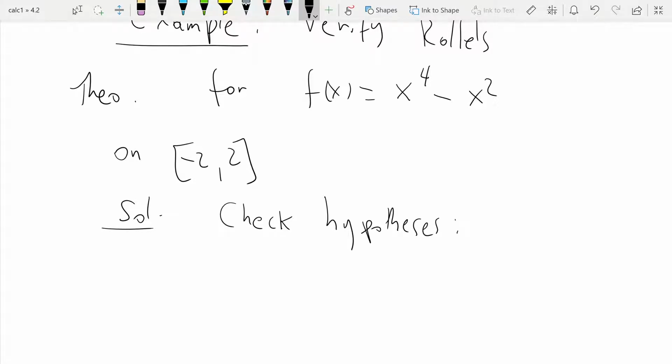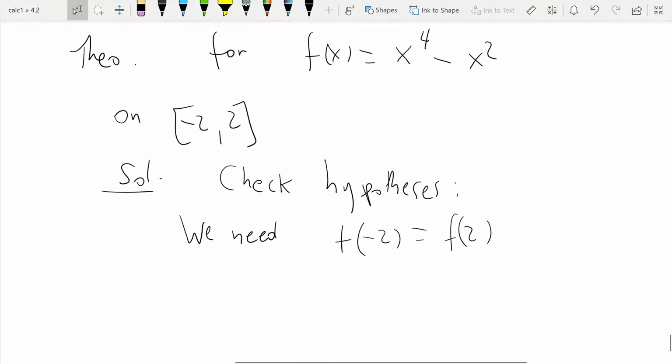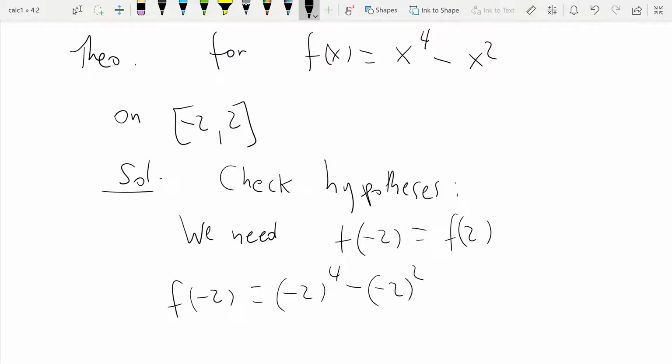So what do we need? We need to make sure that f of minus 2 is equal to f of 2. And this is trivial here because f of minus 2 is equal to minus 2 to the fourth minus minus 2 squared. But since we're raising to even powers, this is going to be just the same as 2 to the fourth minus 2 squared.